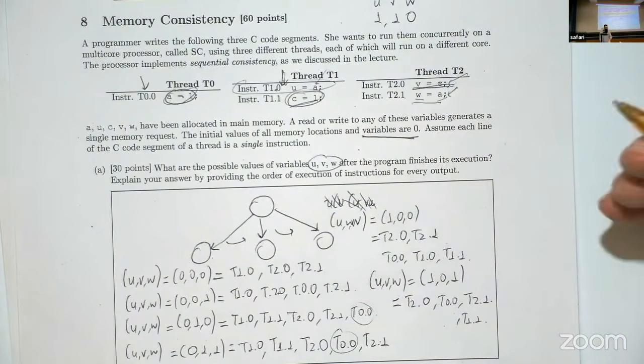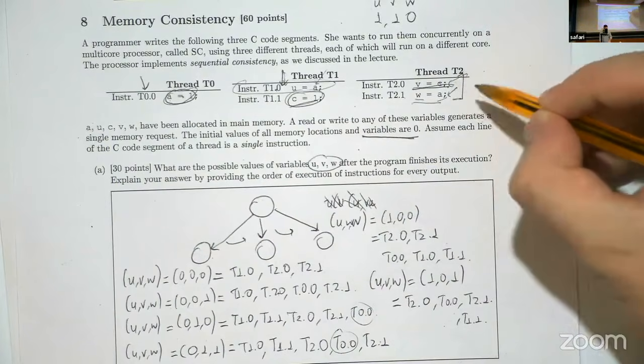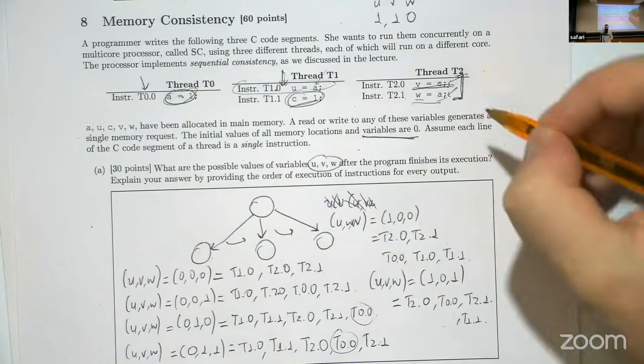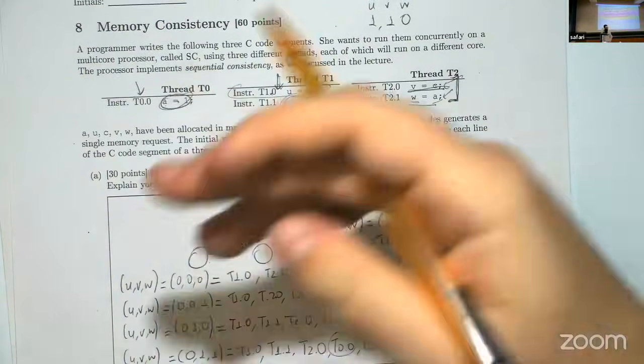What did we do here? We broke basically the ordering of these two instructions, right? Which breaks the sequentially consistent model. Is it clear? Again, you need to find ways to break the order. Things can be written intra-thread with different orders, right?